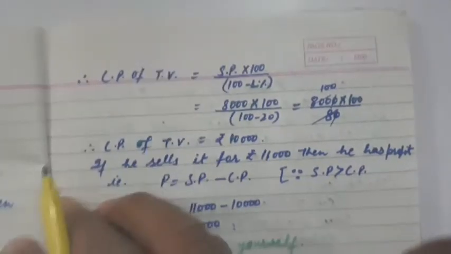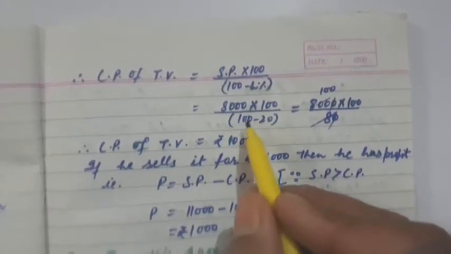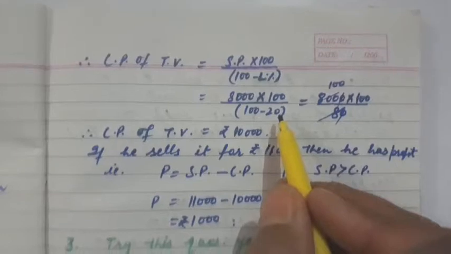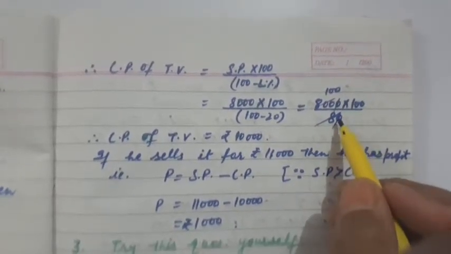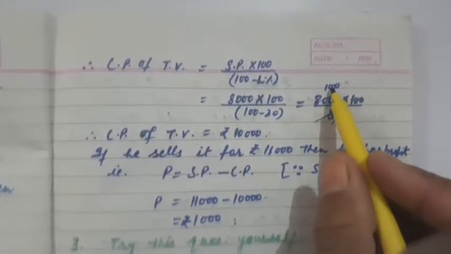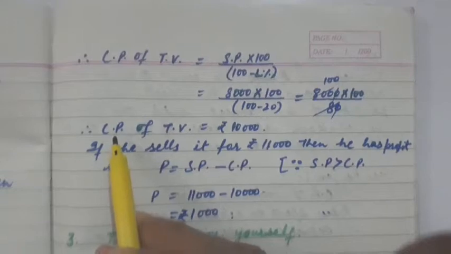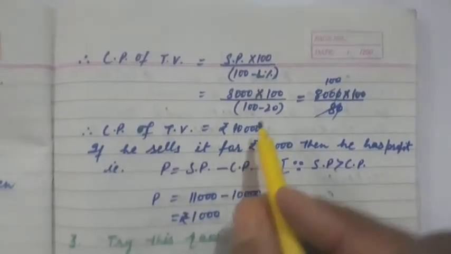When we place the values of SP and loss percent, we will get 8,000 into 100 upon 100 minus 20, which is equal to 8,000 into 100 upon 80. When we cancel, we get 100 into 100, that is 10,000. It means CP of the TV is equal to 10,000.